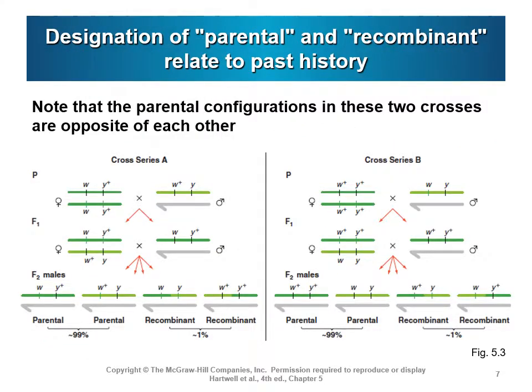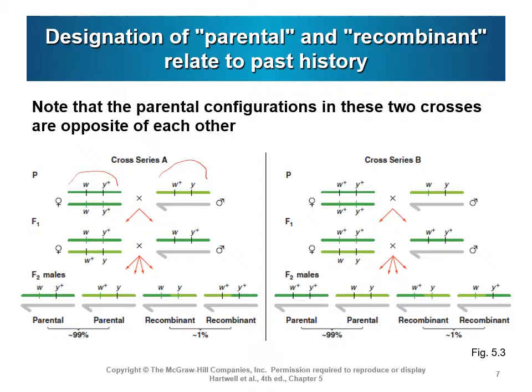So here is a more detailed explanation of what we have talked about. Cross series A: we have parental W Y plus, W Y plus for the female parent, and W plus Y and Y for the male parent.